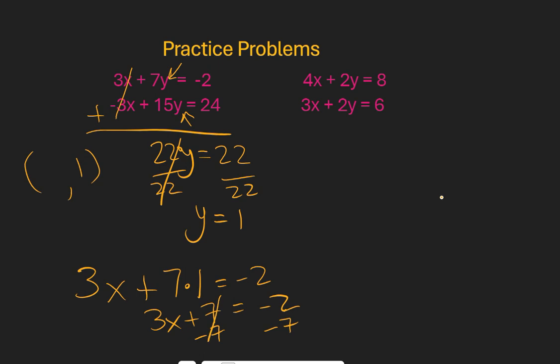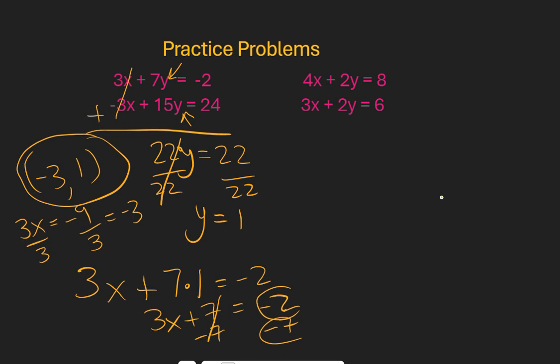Sorry, messy paper. A -2 and a -7 gives me a -9. Divide 3 to both sides. And -9 divided by 3 equals -3. I hope that's right. We'll go check it in a minute.